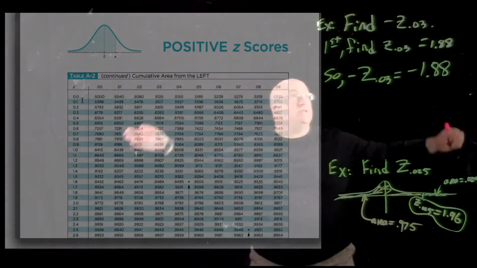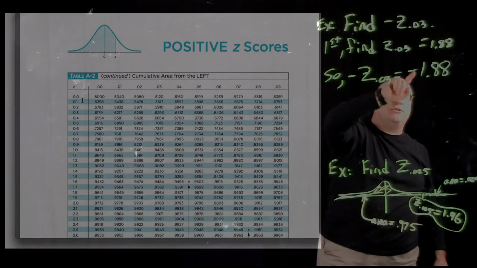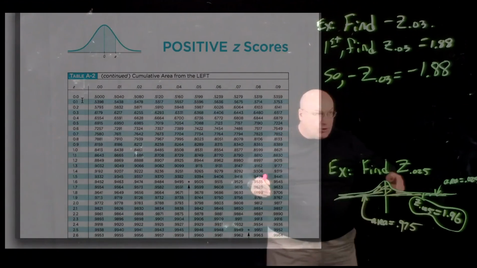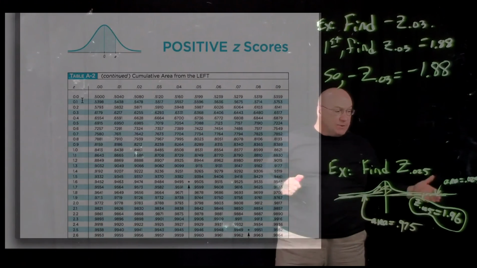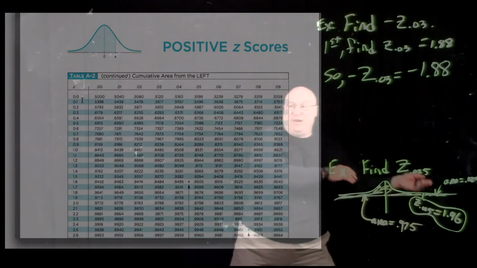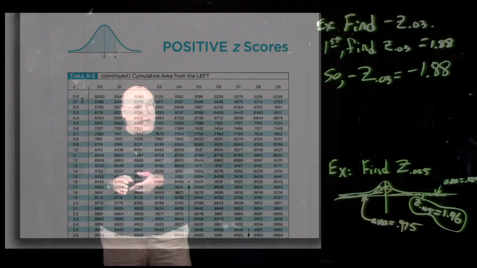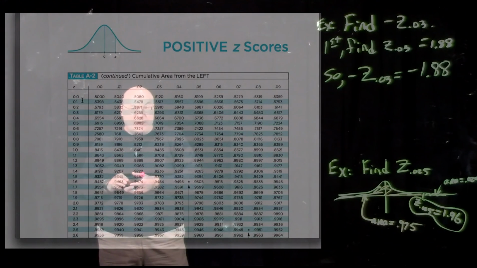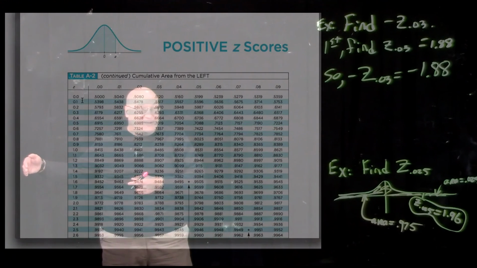Okay, the first one, if I just have positive z.03, that's the z-score that has 3% of the area to its right, and we got 1.88. If I flip that around and take negative 1.88, what I've just found is the z-score that has 0.03 area to its left, correct? That tells you that really, I could have done this a little quicker.